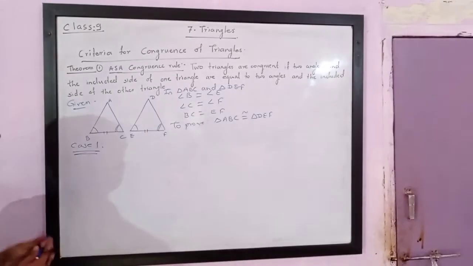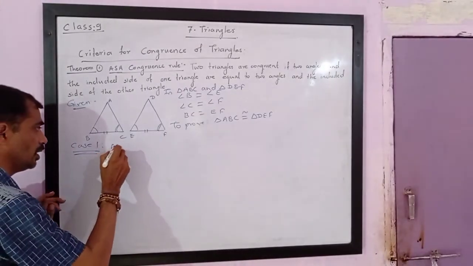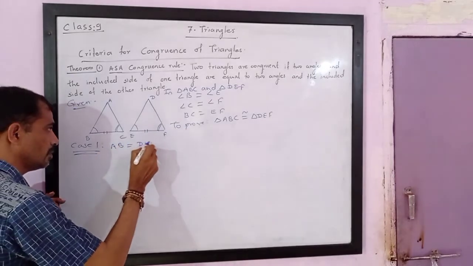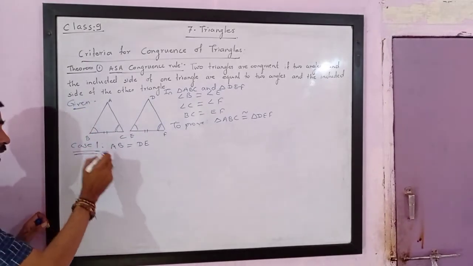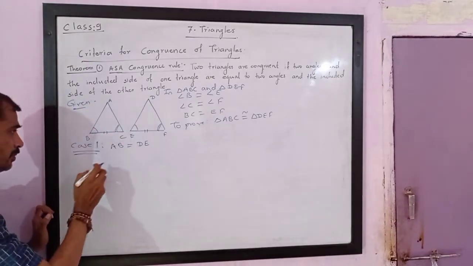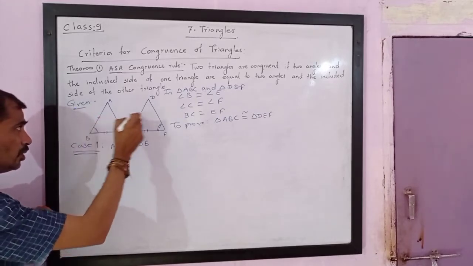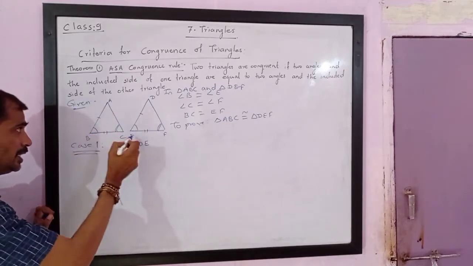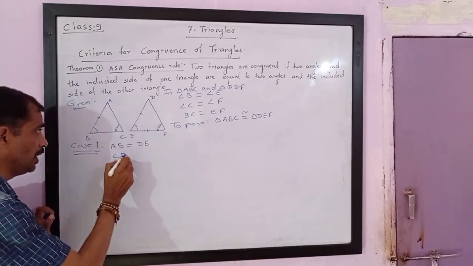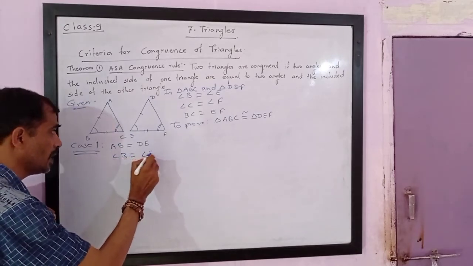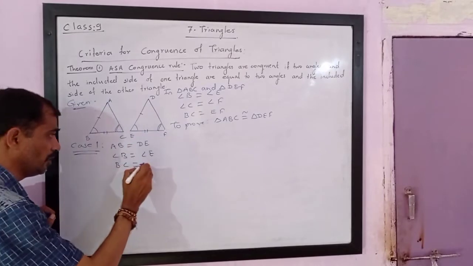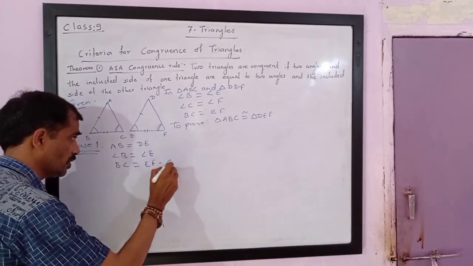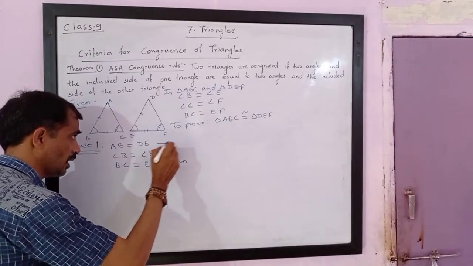So here, the first case is AB is equal to DE. If AB is equal to DE, we get AB is equal to DE, angle B is equal to angle E, and BC is equal to EF. This is given to us. This is our consideration.